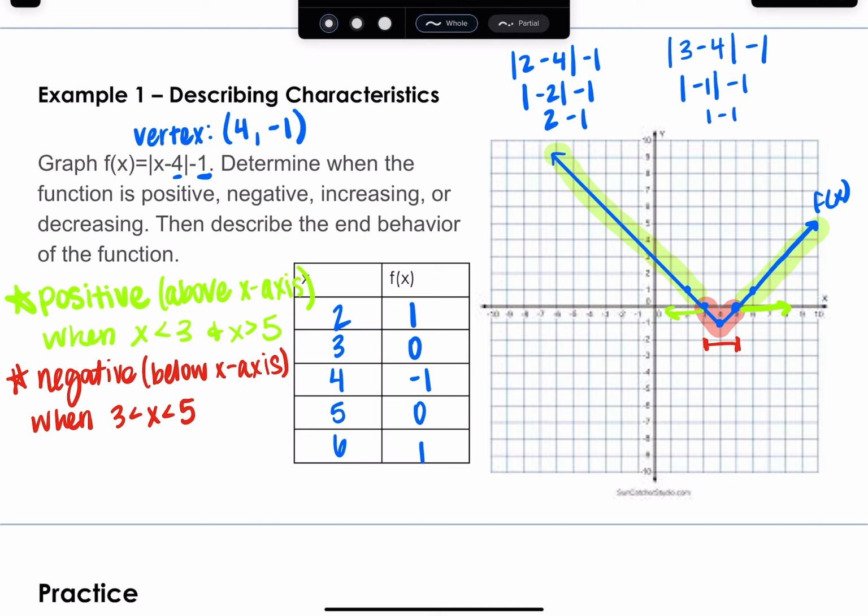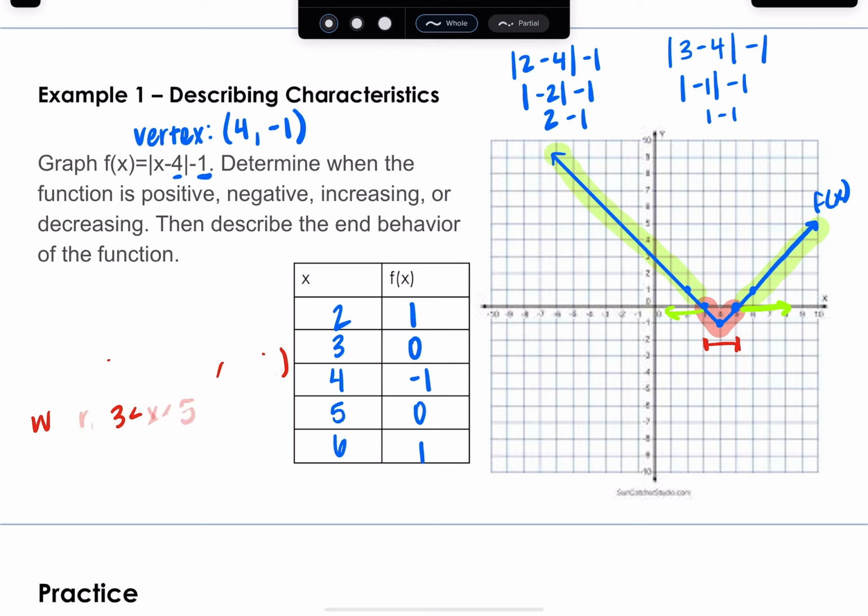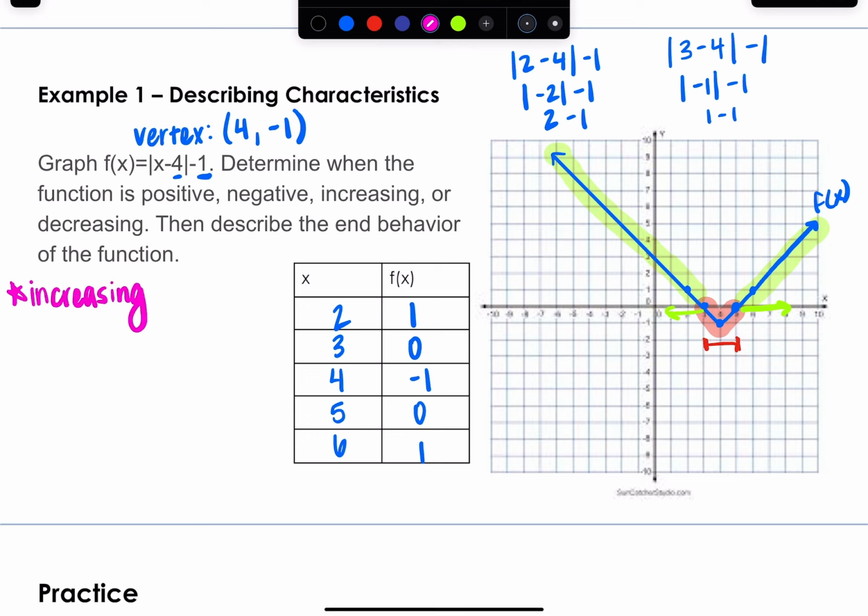I'm going to erase this part. The next thing that we're going to talk about is increasing or decreasing. And I'll use a different color here. Let's use pink. So increasing, when you think of an absolute value function, you can think of it like a V, which you can also think of like two different lines, right?